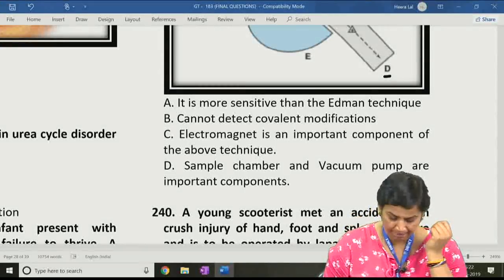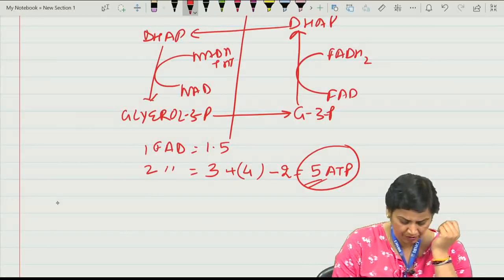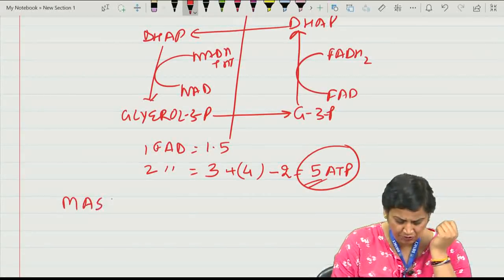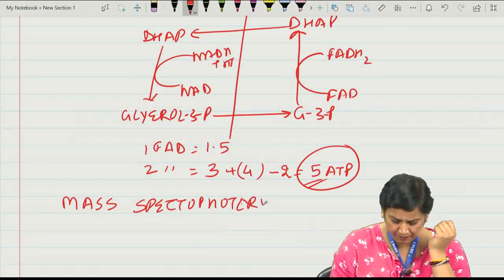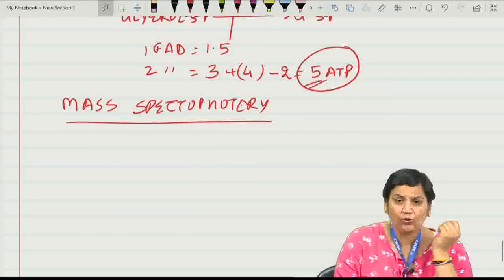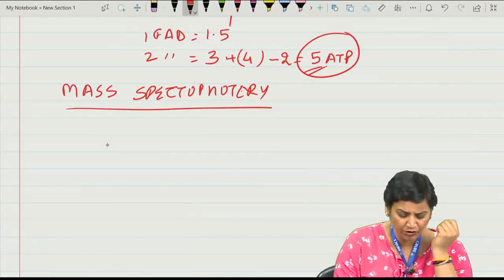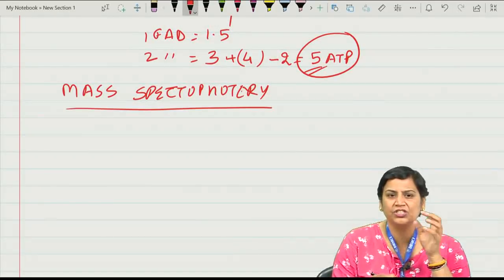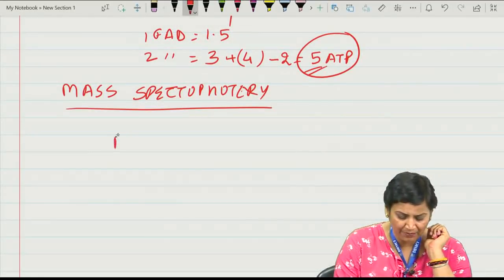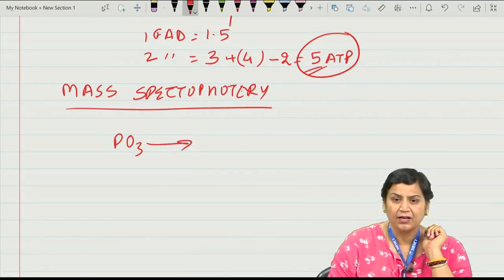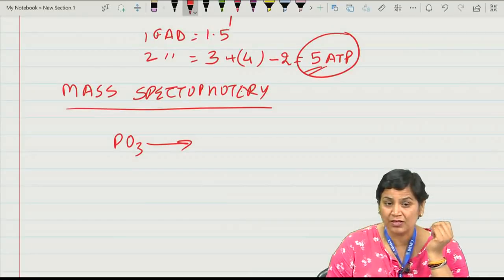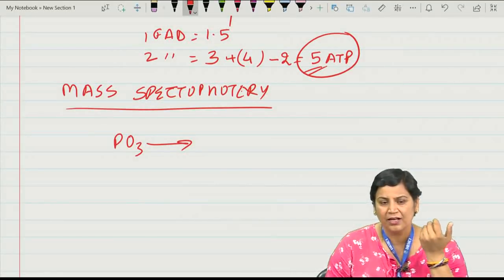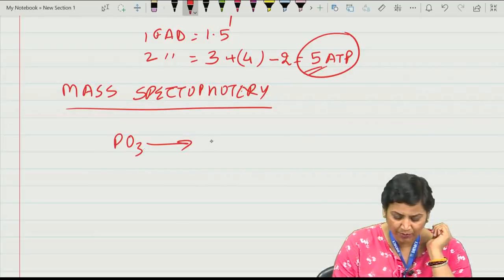Just suppose we do the mass spectrophotometry, and suppose we phosphorylate. Phosphorylation is addition of a phosphate. So what will happen is, this spectrophotometer considers the spectrum of all the compounds, whether it is phosphate or oxygen.